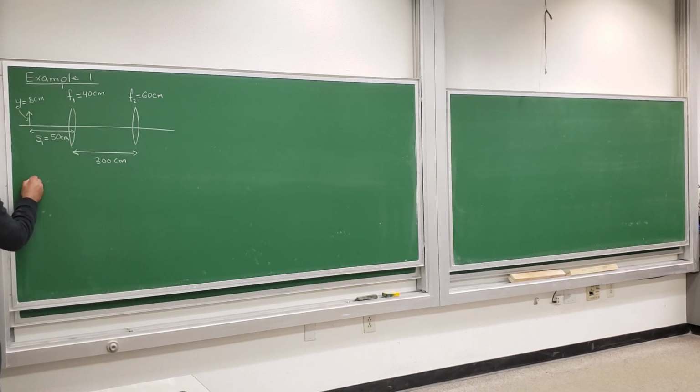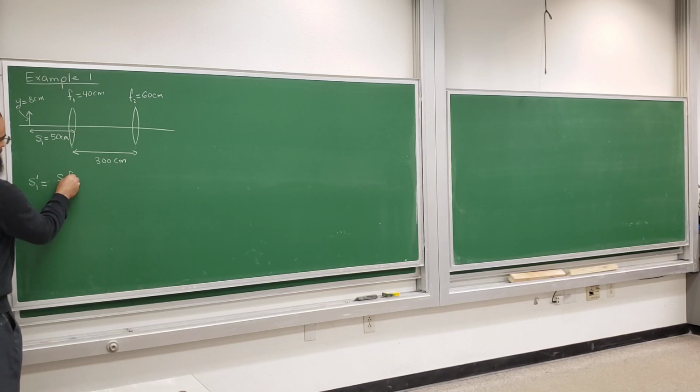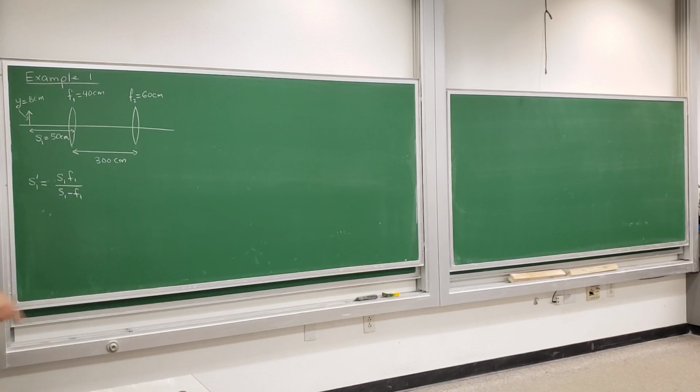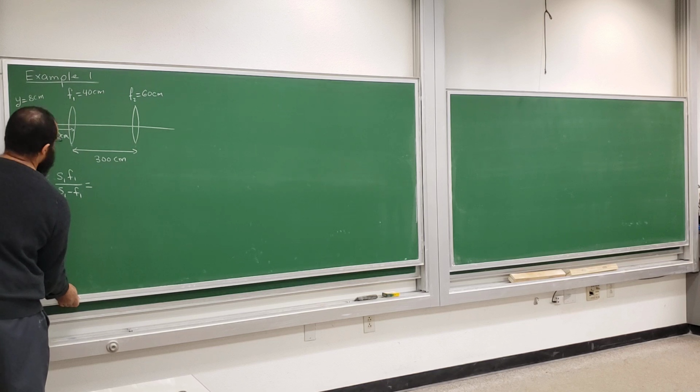So let's do that. We need to find S1 prime. That would be S1 F1 over S1 minus F1, right? We did this a few times. It's 1 over S1 plus 1 over S1 prime equals 1 over F1. Move things and invert, and you will get this equation.